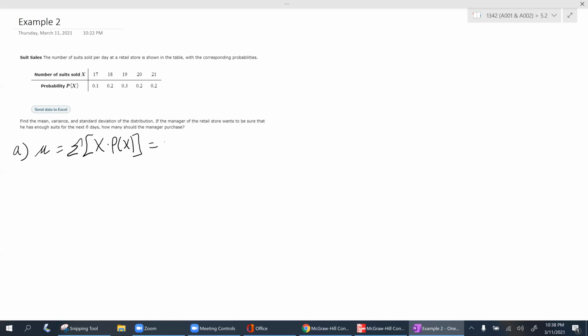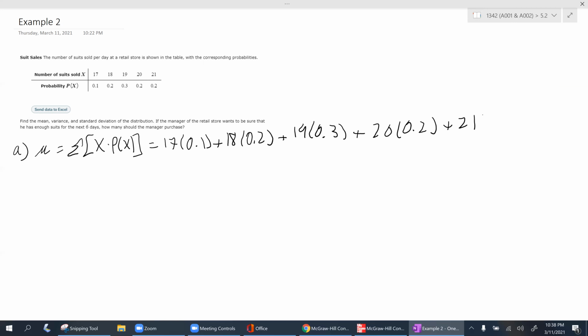So this is going to be 17 times 0.1 plus 18 times 0.2 plus 19 times 0.3, and so on. And again, you can make sure that this probability table works by summing all of those values.